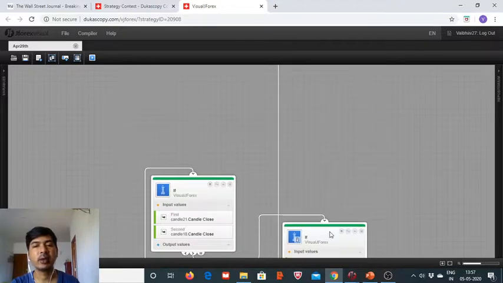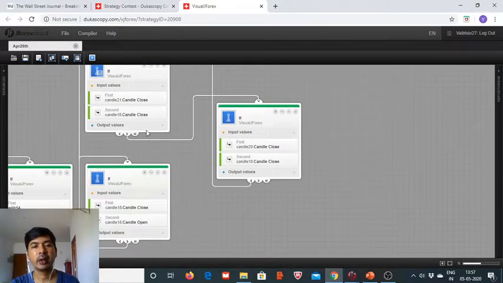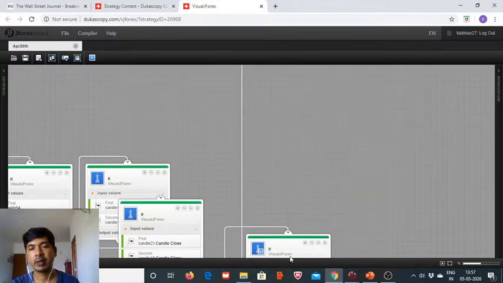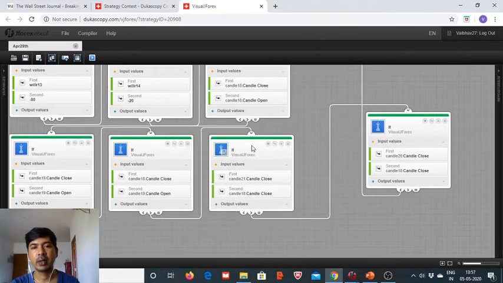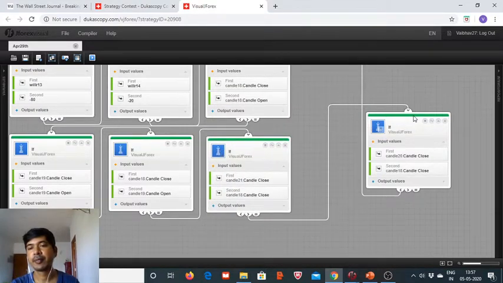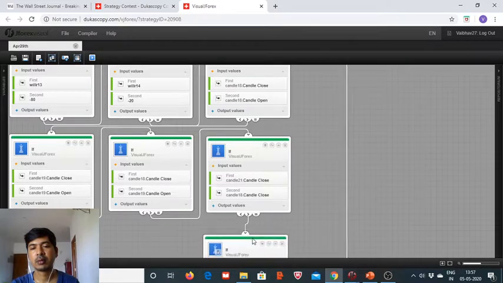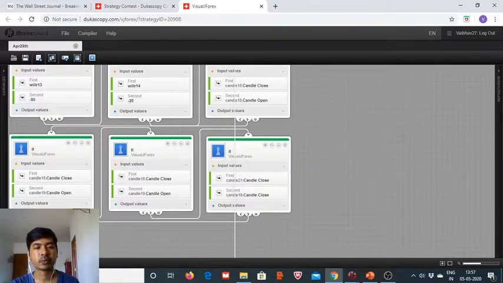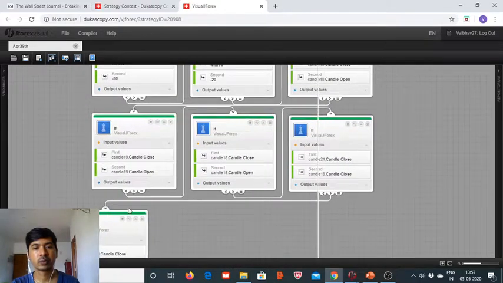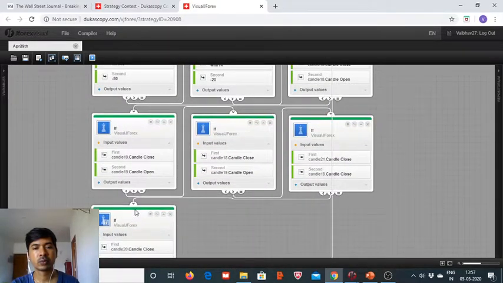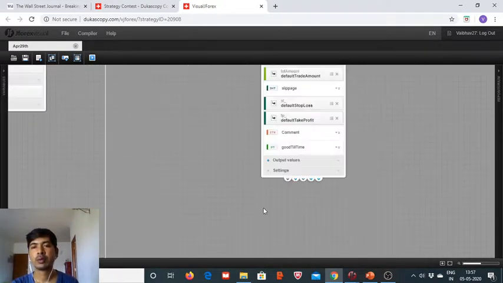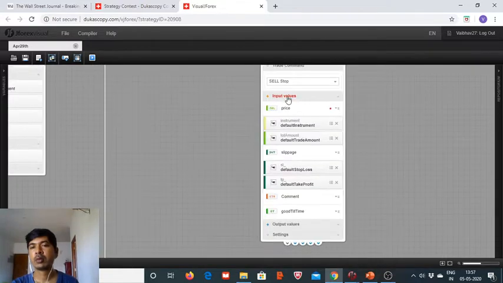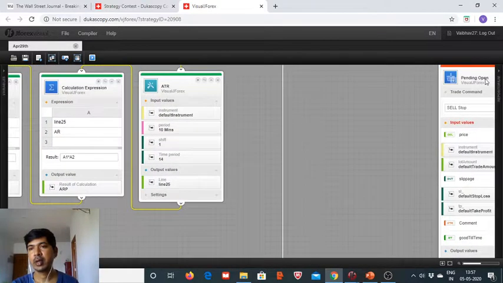we will just define the stop loss and the target price, and we are, as most of the time, keeping it dynamic. Now the entry point should be sell entry.